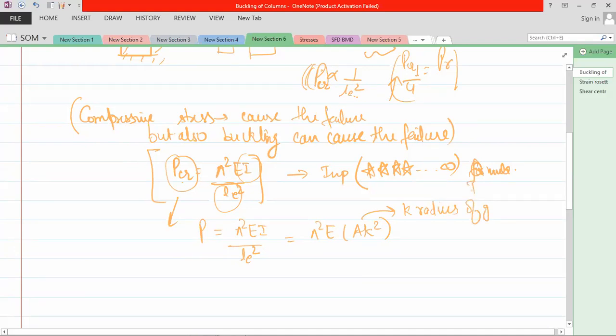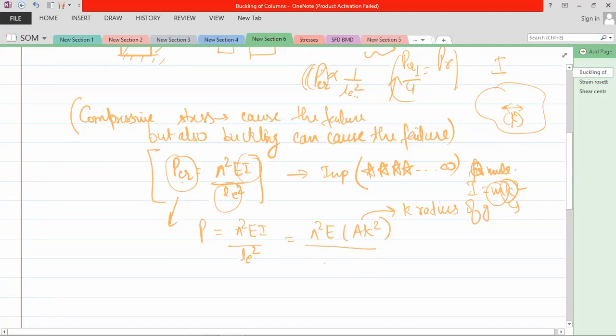You can write I as m K square, where K is the radius of gyration, the distance at which the mass m is supposed to act for a body. So suppose this is your body and its moment of inertia is I about this point. Radius of gyration is that value at distance K from the center, where we suppose that all the mass is acting at this point, and the value is m K square.